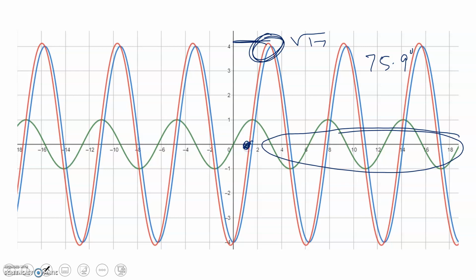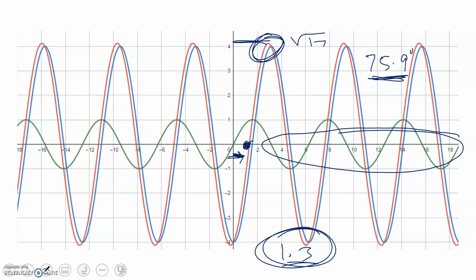But you can see that that crossing point for the start of my sine curve, so I've got a shifted out sine curve, is about 1 point, I don't know, maybe it's like 1.3. And if you think about this in degrees, it looks about right. So it's 75.9 degrees.